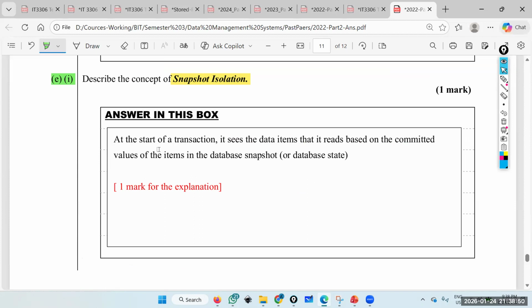So that means at the beginning of the transaction, there are committed values, right? You only work with those values. Okay. So that is why we say it's a snapshot. Whatever the snapshot at the beginning of your transaction, those values you consider, not anything else. Right? You don't take those dirty values afterwards.